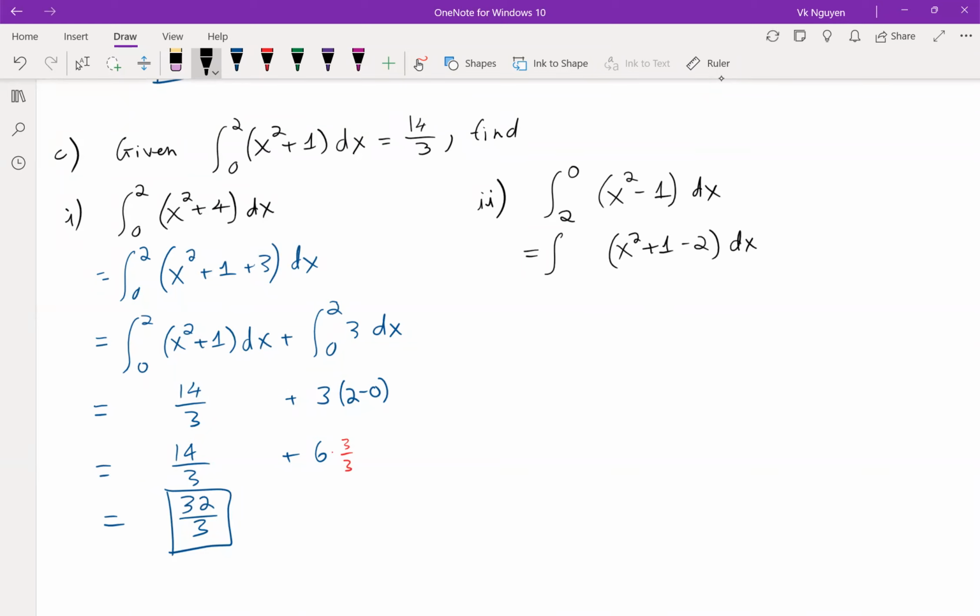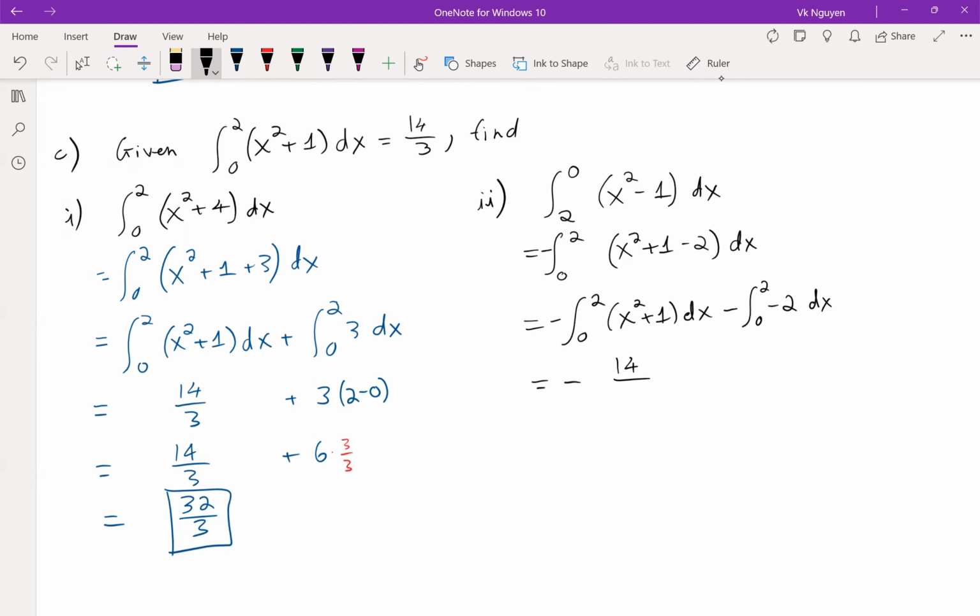And then for the integral, you go from 0 to 2, put a negative in front. Now split the integral. It's going to be a negative integral 0 to 2 x squared plus 1 dx minus integral 0 to 2 negative 2 dx.